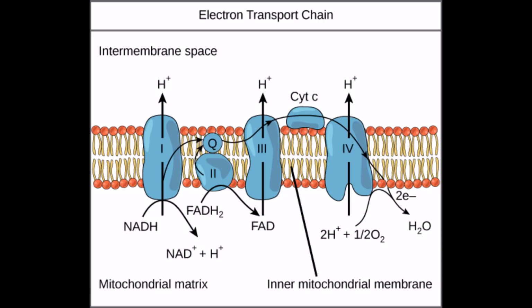So you can see in complex 1 we have NADH becoming oxidized and going back to NAD+, and so the electrons from that are passed into complex 1, and then the proton is pumped into the intermembrane space.